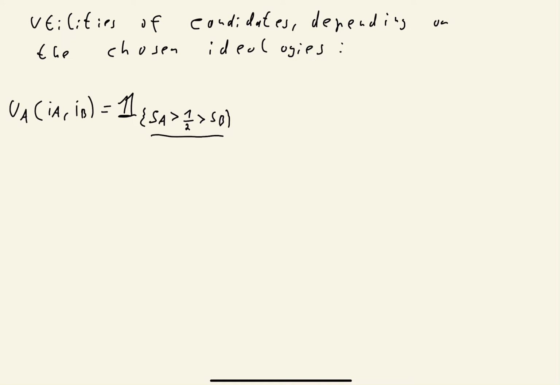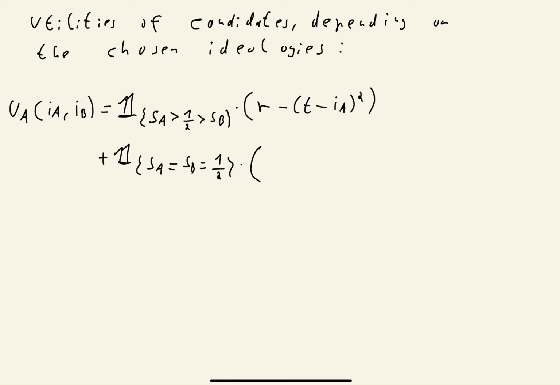So it's always 1 when the vote share of candidate A is higher than candidate B. In this case, the utility of candidate A is given by his office motivated utility, so R, minus the distance of his true ideological point T minus his chosen ideology IA, to the power of 2. Then the next possible event would be the event where both have the same vote share, so SA equal to SB equal to 1/2.